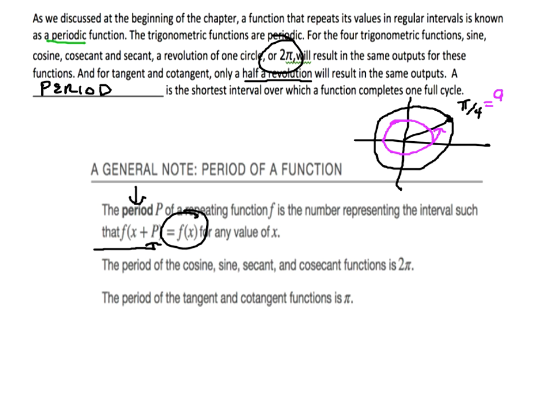So pi over 4 is the same thing as 9 pi over 4. So that's what it's talking about. It doesn't matter how many times you go through the circle. If you're landing at the same spot, your function value is going to be the same. Is that good, Crystal? Okay.